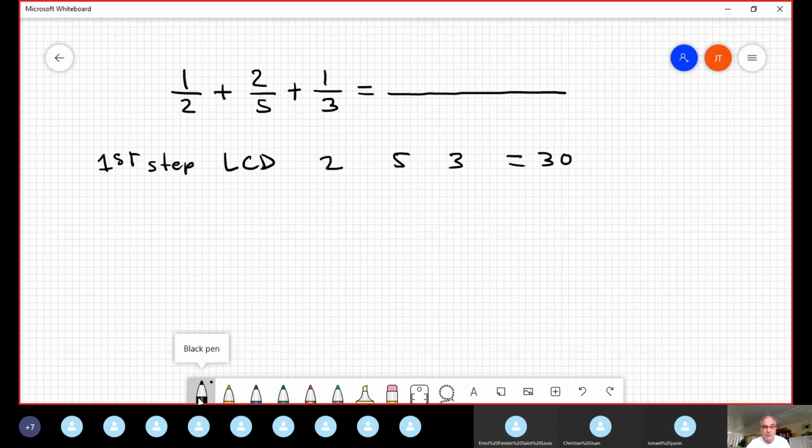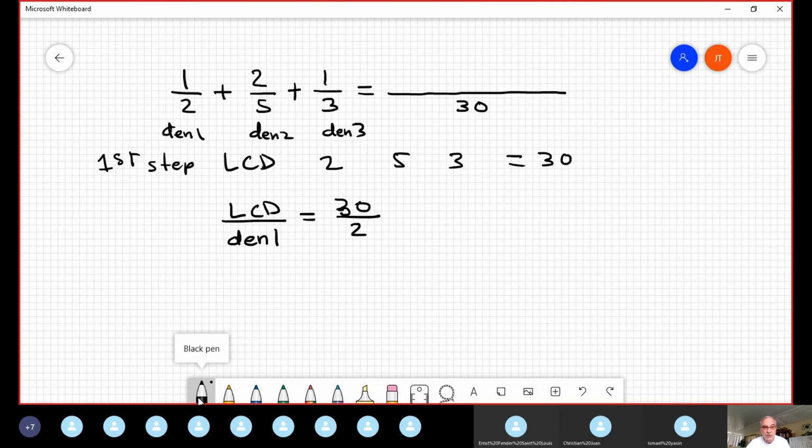So you divide 30 by 2, which is 15. 15 times 1, the corresponding numerator, is 15. So I obtain 15 over 30, an equivalent fraction. You reduce to lowest terms and come back to 1/2.